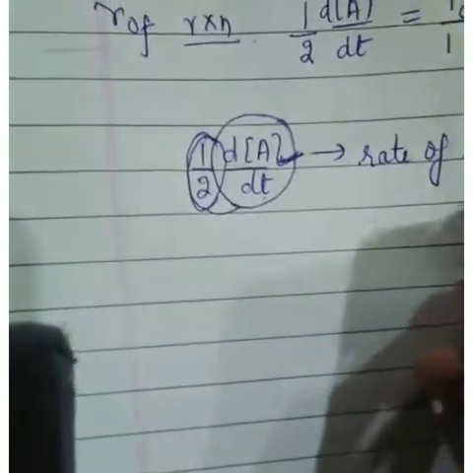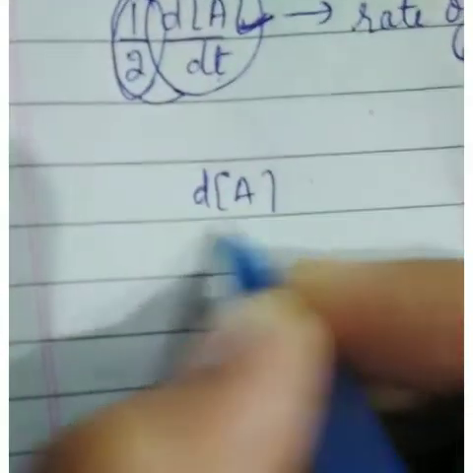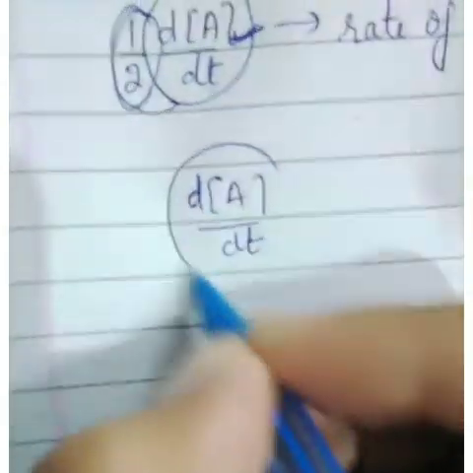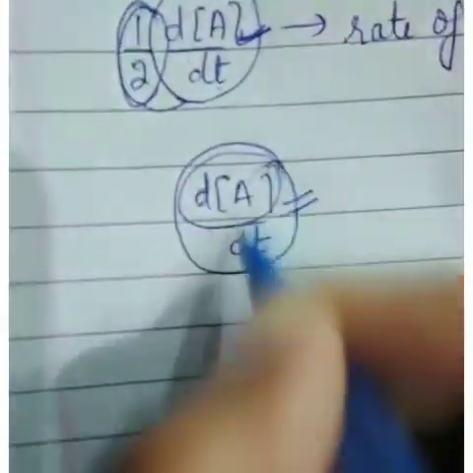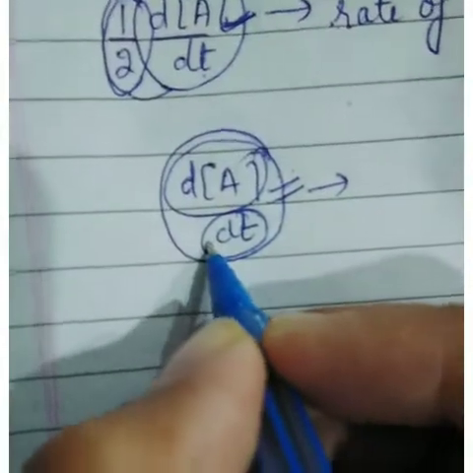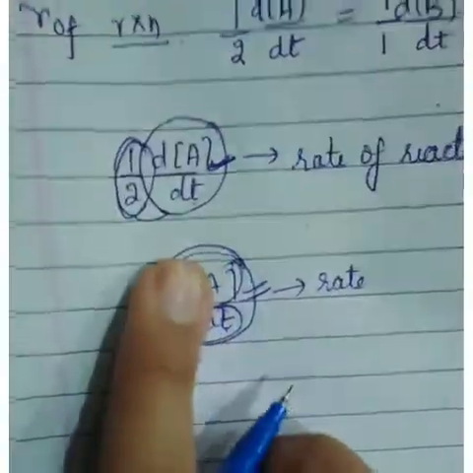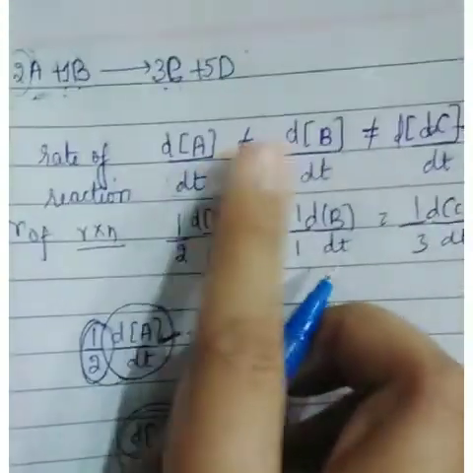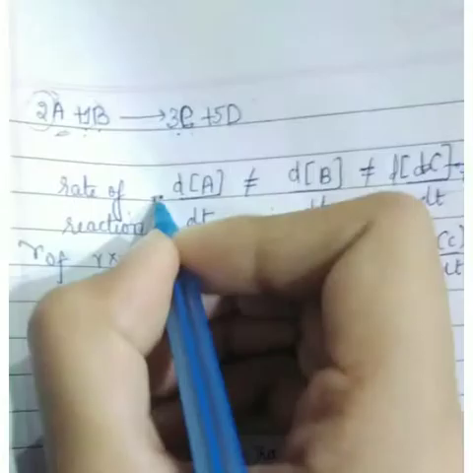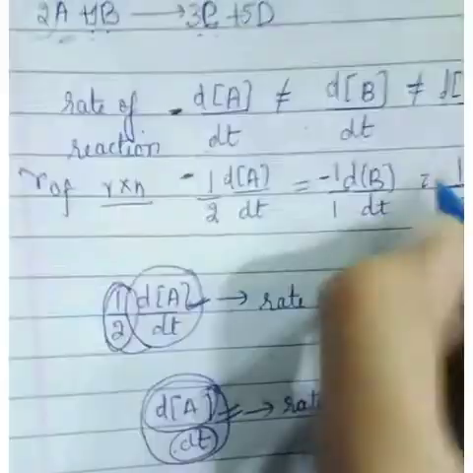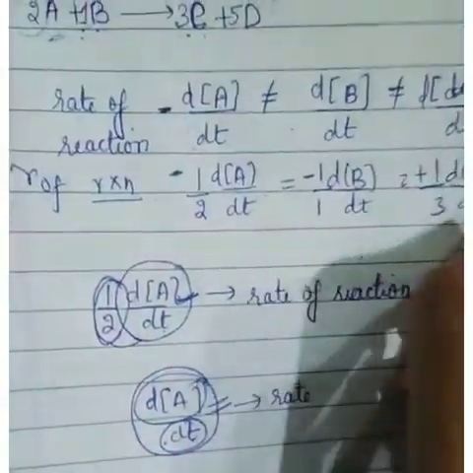But if I take this species as dA by dt, it only tells the change in concentration of A with respect to time. Most importantly, reactants are denoted by the negative sign, and products by the plus sign, with equal signs in between.